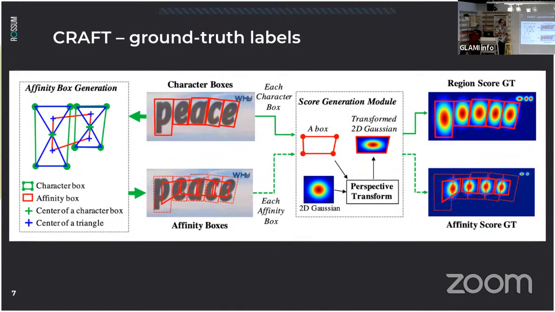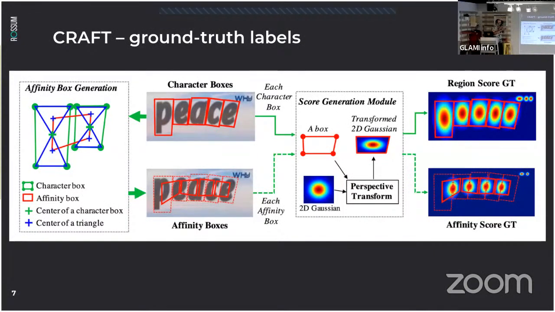And then for the affinity, which ties together neighbors within a single word, they do something similar and make the affinity score. For the characters, they have little quadrangles, and for the affinity, I'll try to show here, they take two neighbors and draw diagonals, and those diagonals split the quadrangle into 4 triangles.